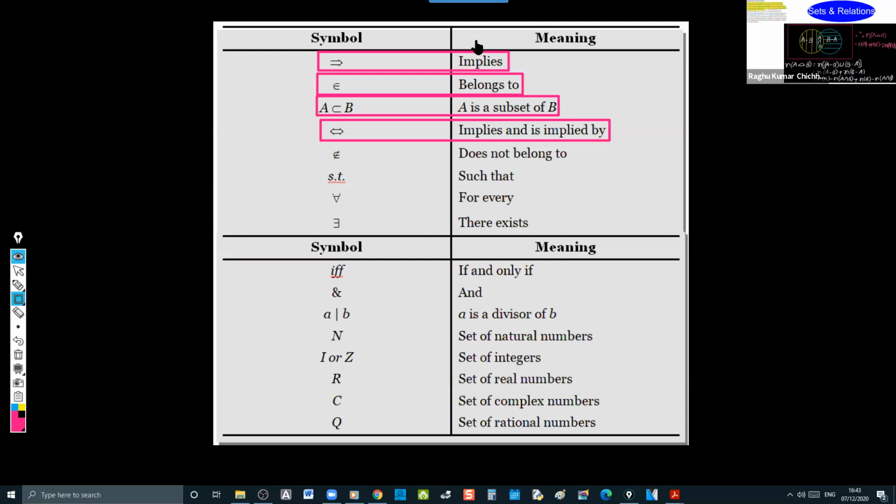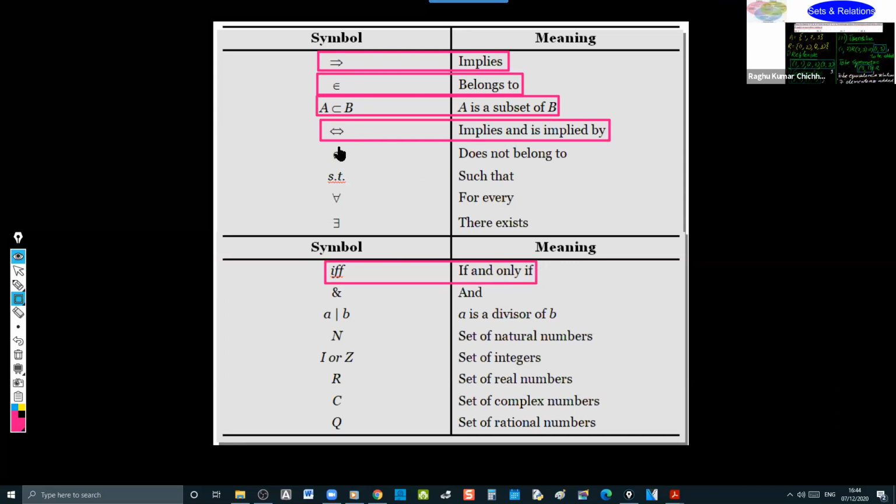That is the converse, and then it is true both sides, and hence we call it implies and implied by. It means from left to right it is true, from right to left it is true, from top to bottom and from bottom to top also it is true. That is called implies and implied by, or if and only if. Both are the same.